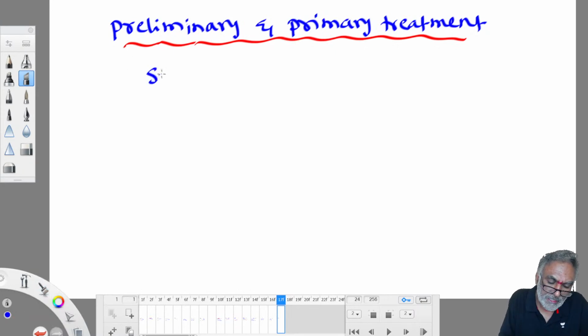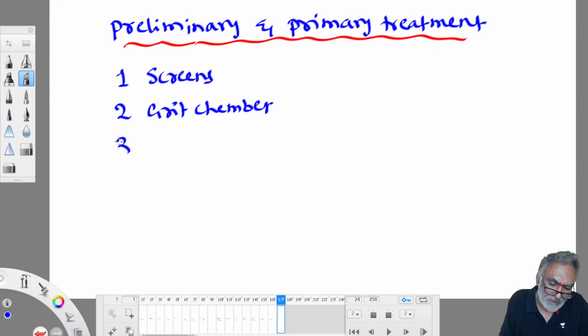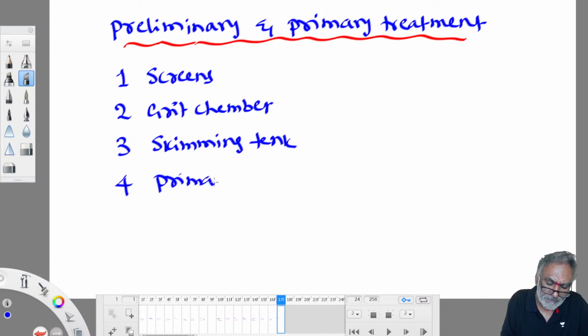It includes screens, then grit chamber, then skimming tank, then primary clarifier.